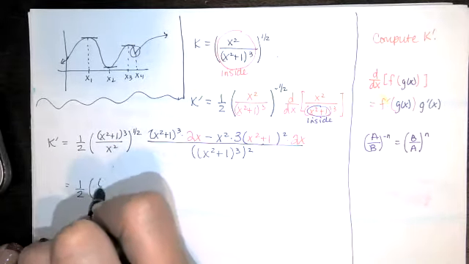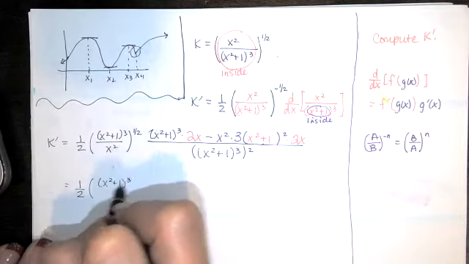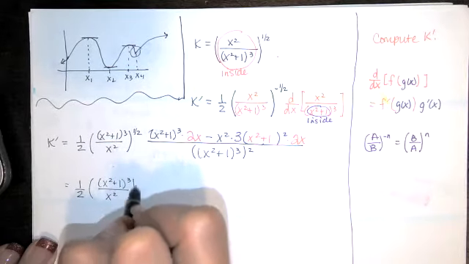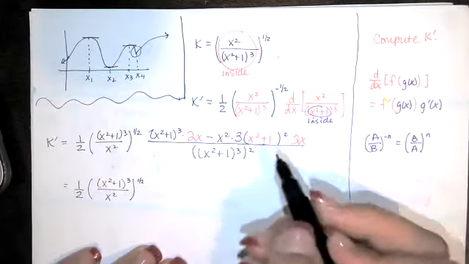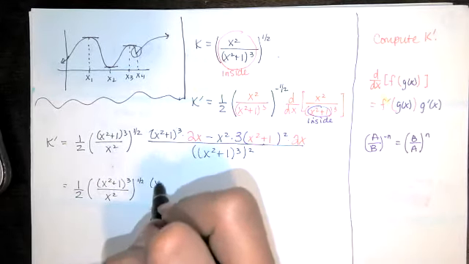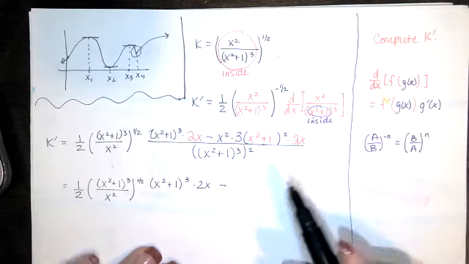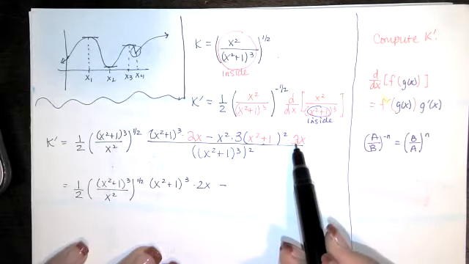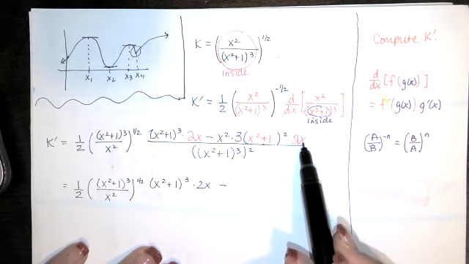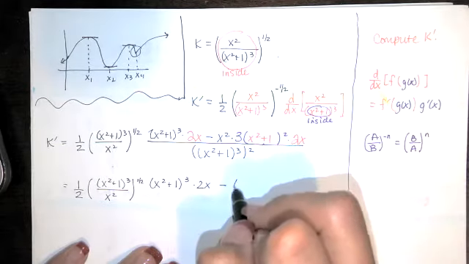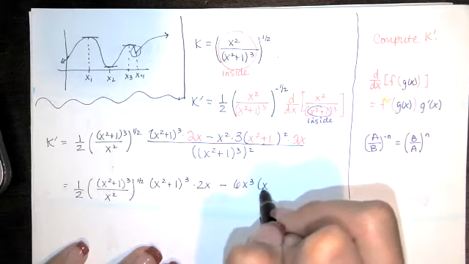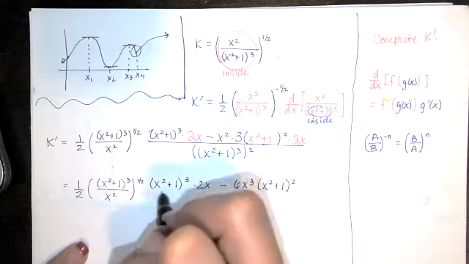So I have 1/2 times this quotient raised to the 1/2. And then over here, I've got (x squared plus 1) quantity cubed times 2x, minus 3 times 2 is 6. 6x times an x squared is 6x cubed, times (x squared plus 1) quantity squared.